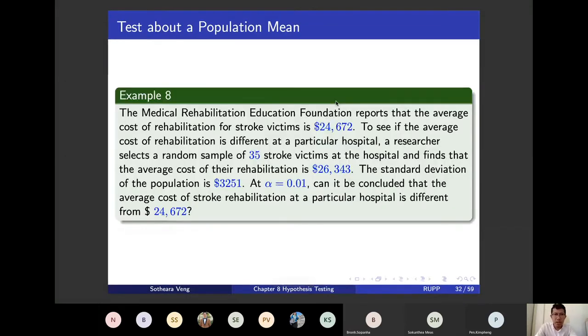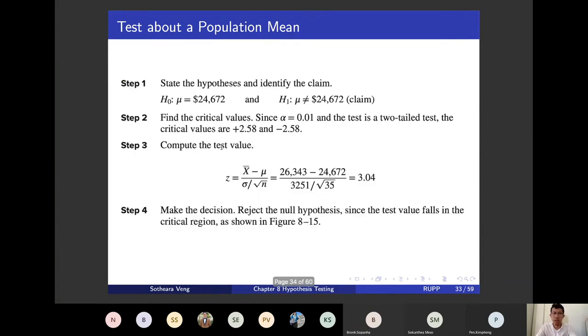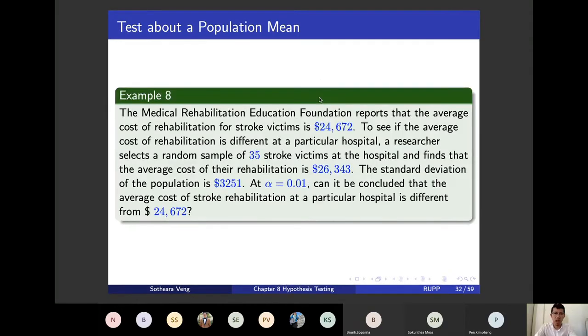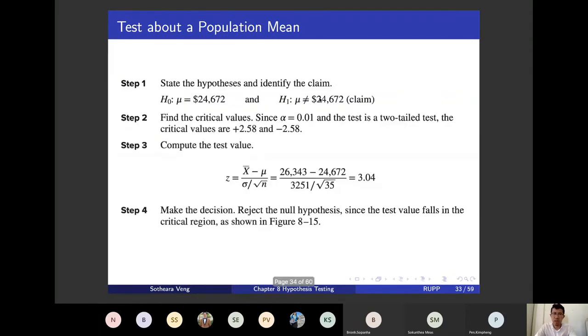The average cost of rehabilitation of stroke victims. So you claim that on average the cost of rehabilitation for a stroke victim is different from this. That is your claim. And then in order to support your claim, you may collect some data.